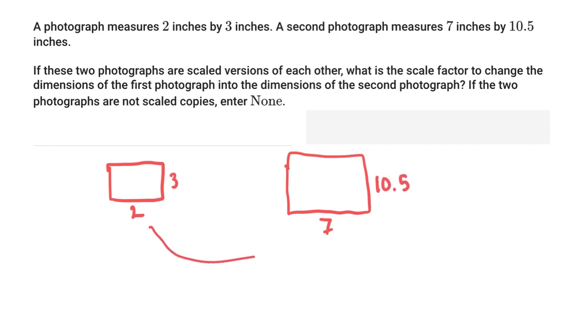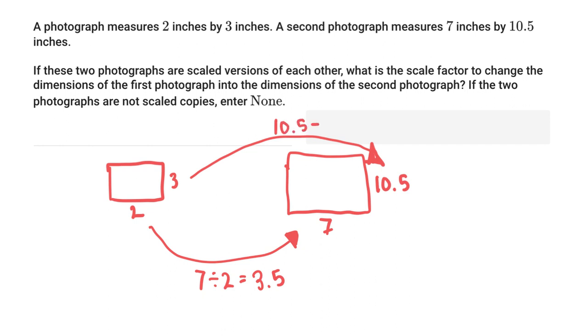I'm going to see if the scale factor, because they're actually asking for the scale factor here, is the same for each one. So if I take this first one and I do 7 divided by 2, we get 3.5. If I do the second one, 10.5 divided by 3, we also get 3.5.